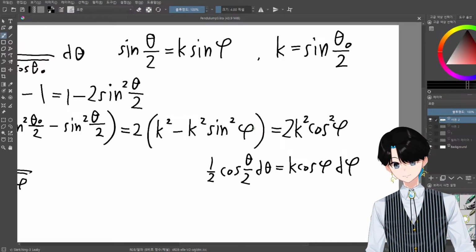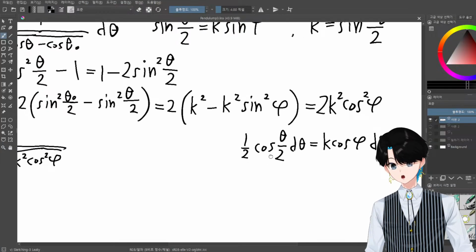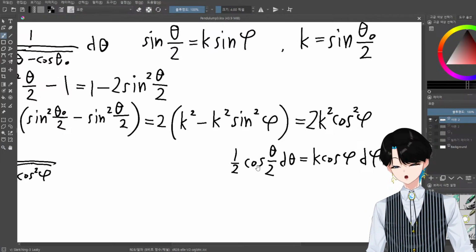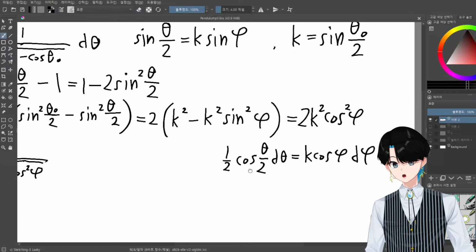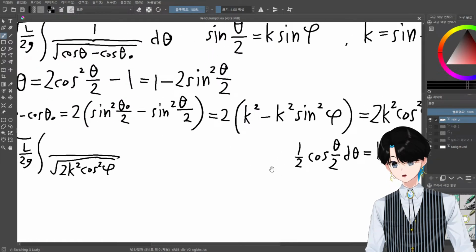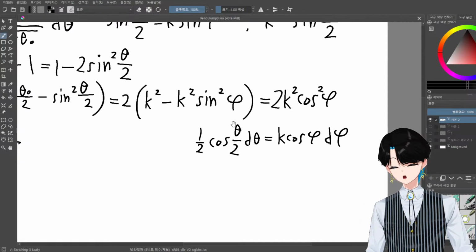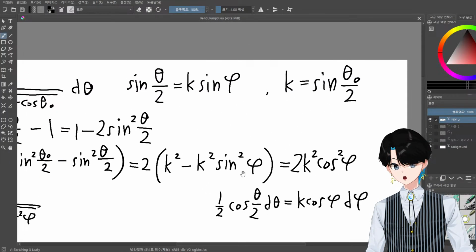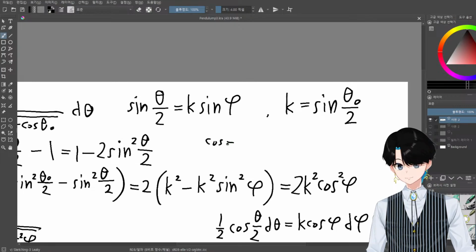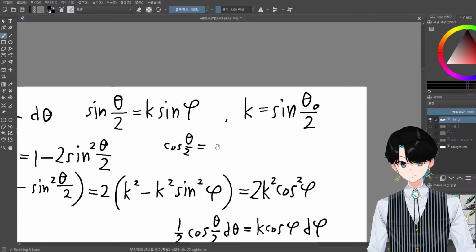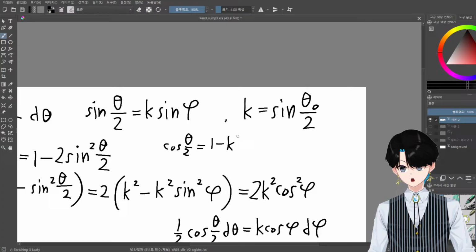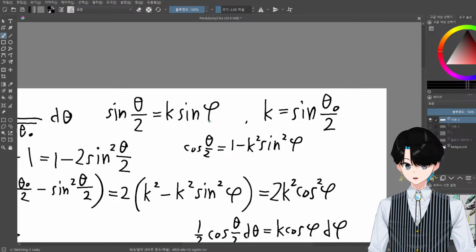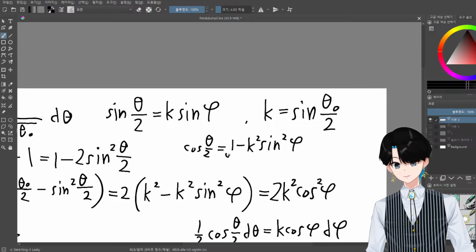Okay. Cosine theta over 2 is equal to root of 1 minus sine squared theta over 2, which is 1 minus k squared sine squared b. And root, of course.